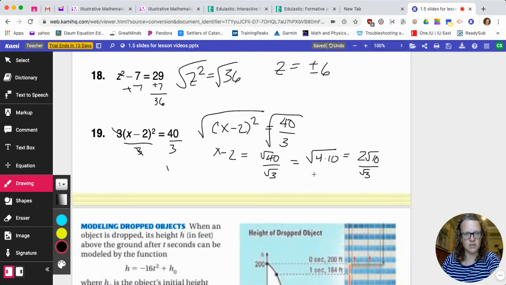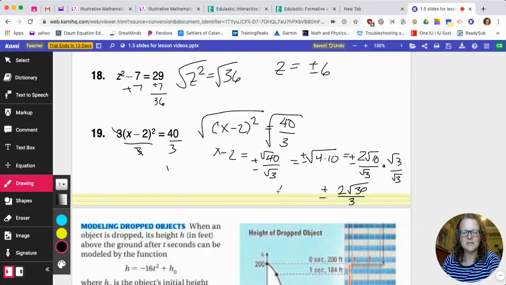I didn't know this one was going to go so long. So now I have to rationalize it. Let's see, that gives me 2 root 30 over 3, plus or minus. Because we're all over here, and this is all plus or minus.